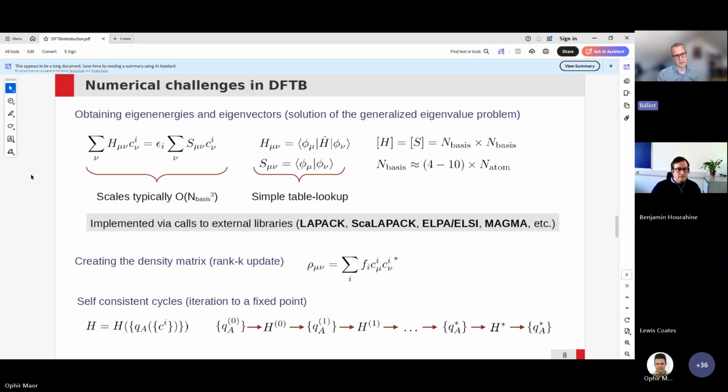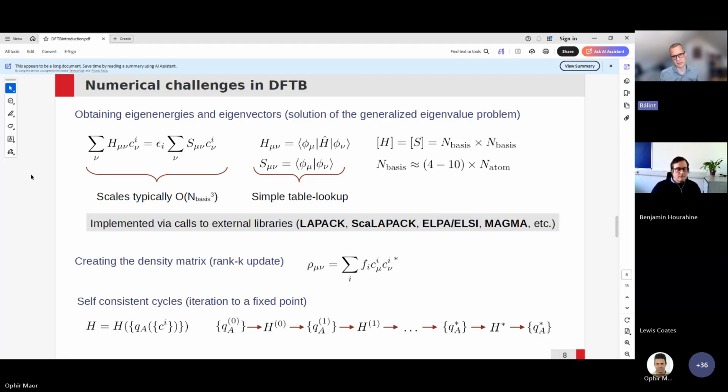So if you ever had the eigenvalue problem in math, which I'm pretty sure you had, this is basically like the normal eigenvalue problem, with the difference that on the right-hand side you also have a matrix, which is basically the so-called overlap matrix, but I think the details here are not so interesting for you. And in order to create those matrices, that is very simple in the DFTB method.